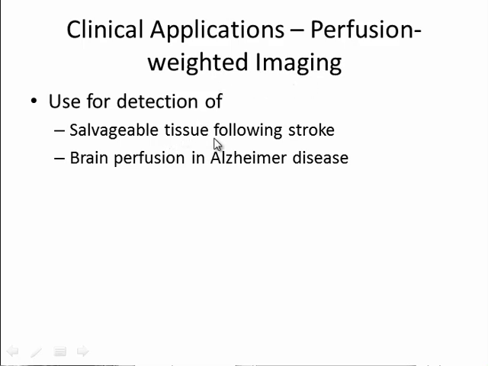It allows you to look at blood flow, for example, near tissue after a stroke, which is very important because clinicians want to know what regions of the brain still have blood flow after stroke, and that can help guide prognosis. Also in Alzheimer's disease, it's useful to be able to tell what parts of the brain are still perfused with blood. And this can also be used in other organs as well.